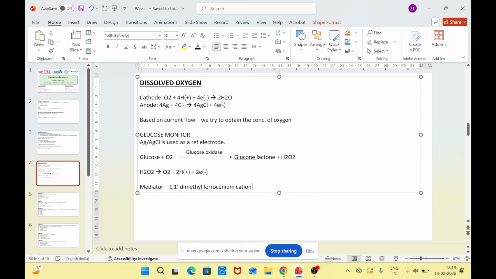So this is about the glucose monitor. The part where we are discussing the concepts ends here.